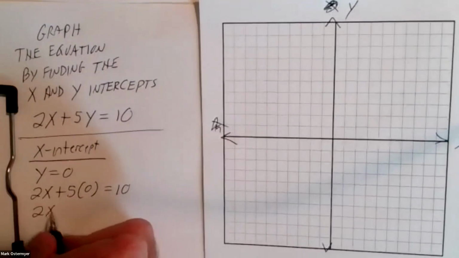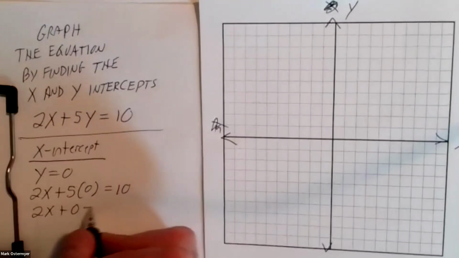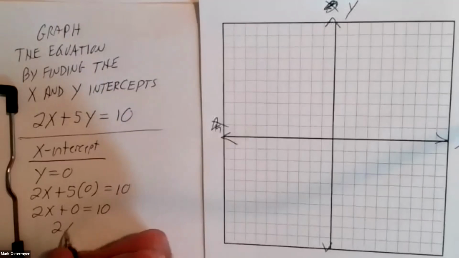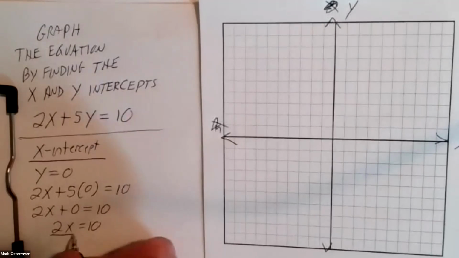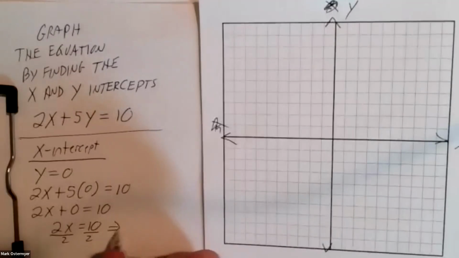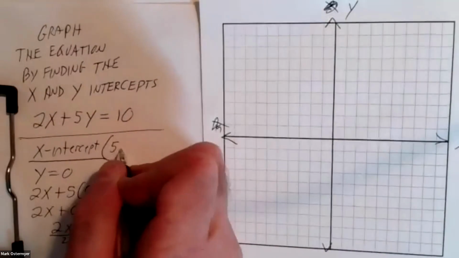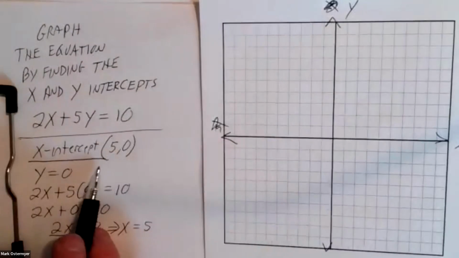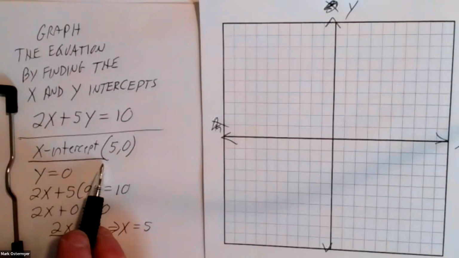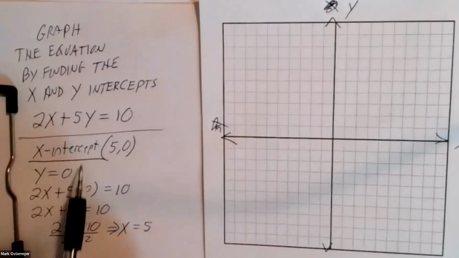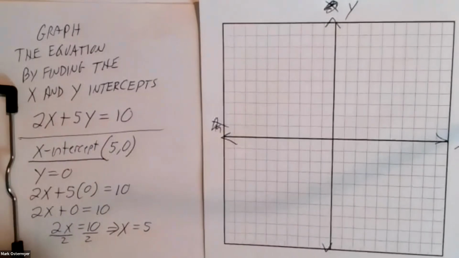So this is going to be 2x plus 5 times 0, which is 0, is equal to 10. 2x equals 10, divide both sides by 2, and x walks out of this with a value of 5. So my x-intercept is (5, 0). It's through this point that the graph of this linear equation will cross the x-axis. Any questions how I computed the x-intercept for this linear equation?